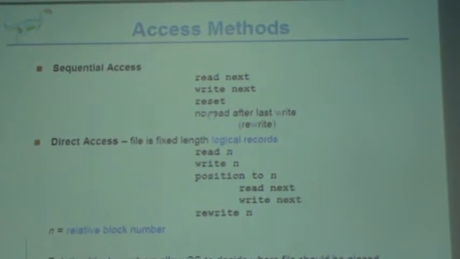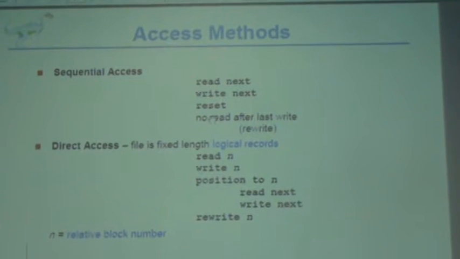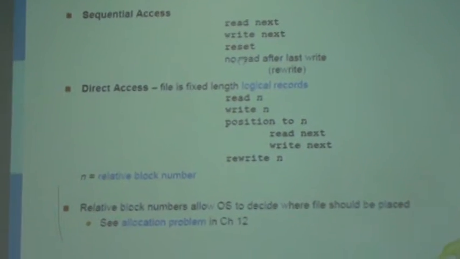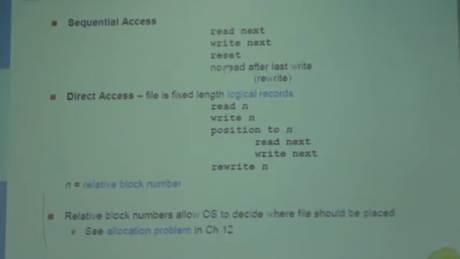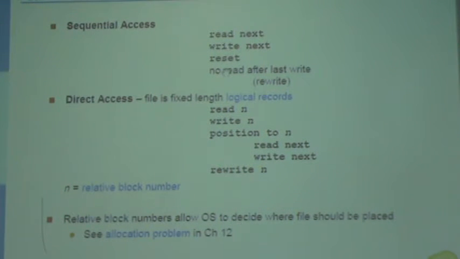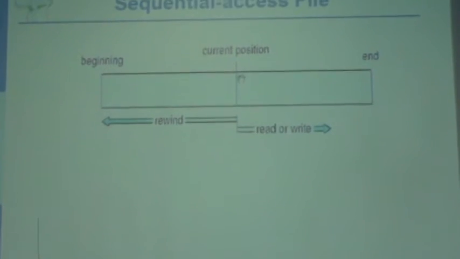This is access. The access method can be divided into two parts. It's a sequential access. Let's see, we have a current position here.